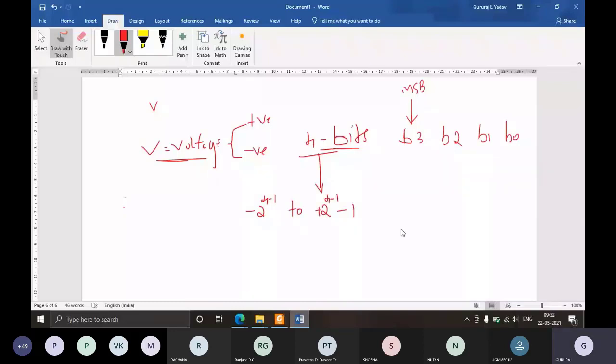This is the range of signed values that we can represent using 4 bits. If you convert this, 2 power 4 minus 1 is 3, and 2 power 3 is 8, and 8 minus 1 is 7.